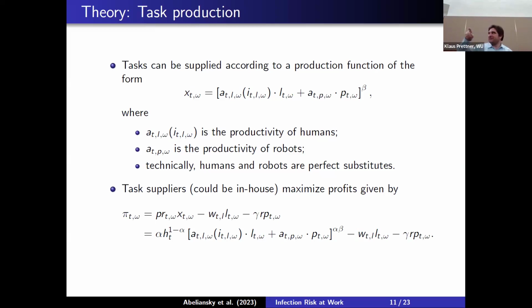But that would then not be a biological pathogen, but a kind of cyber pathogen or whatever. I think this is a very relevant question, but here we still abstract from it. Yeah. Thanks a lot. Any other questions at this point?